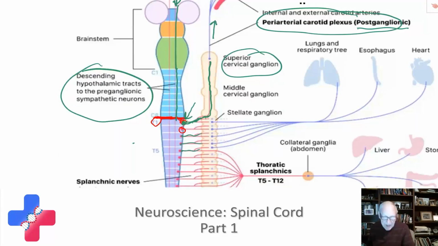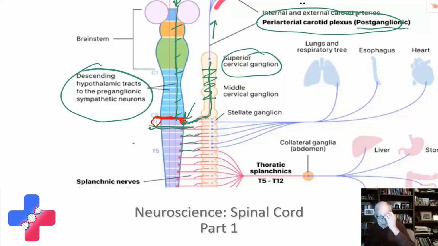Anytime that is damaged in brainstem or spinal cord, and notice as long as you're above T1, you're going to have a Horner syndrome. So you may damage it in the brainstem. You may damage it anywhere between C1 and T1 in the cord. So that could be a central lesion of the descending tract that gives you Horner's. But again, you also can damage peripherally. You could damage the preganglionics.